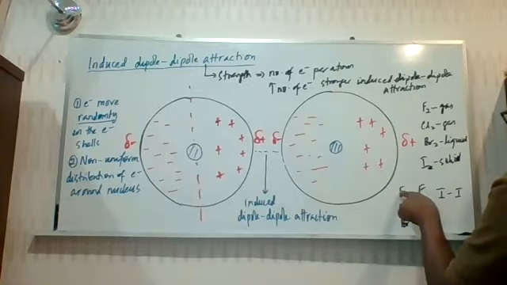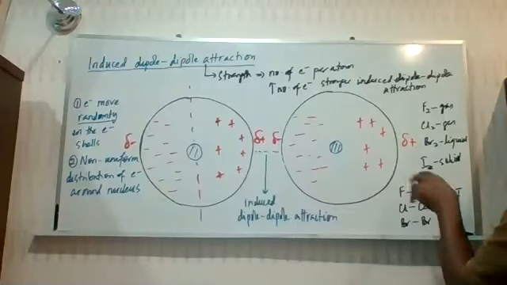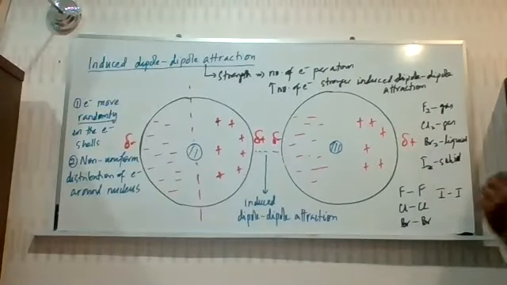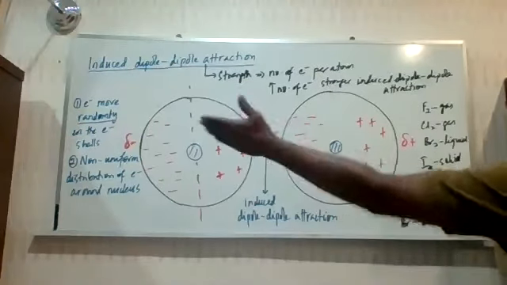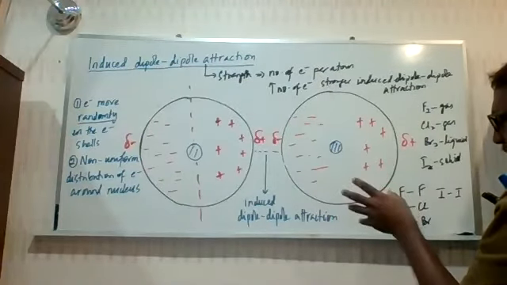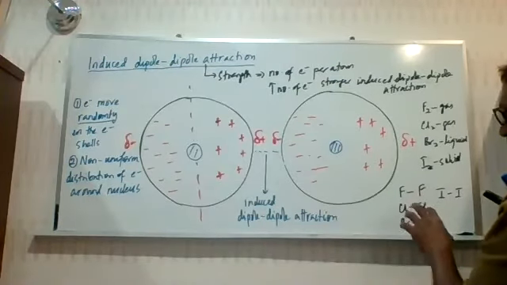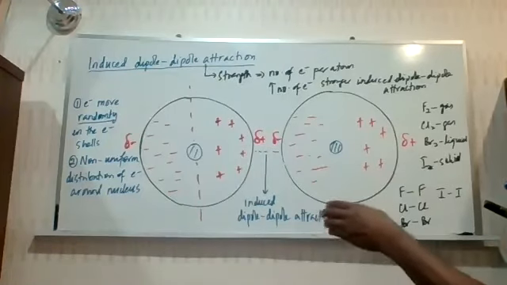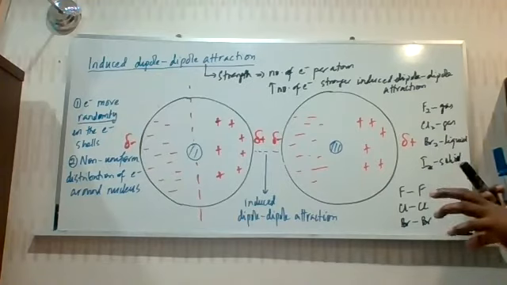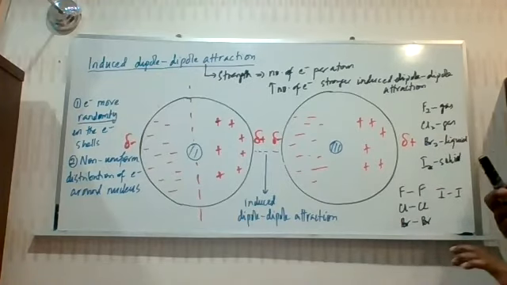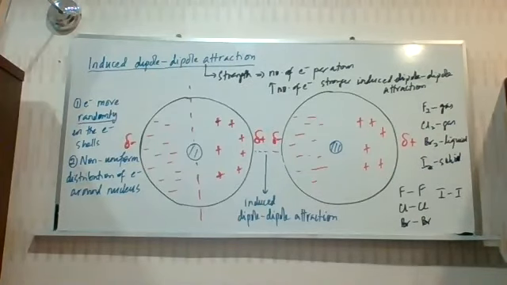So the electrons in fluorine move randomly around the nucleus in the fluorine atom. So there will be a non-uniform distribution of electrons, causing one end of the fluorine molecule to be partially negative and the other end partially positive, and this one fluorine molecule then induces dipoles in the neighboring fluorine molecules, and this is extended throughout the three-dimensional structure of the fluorine.